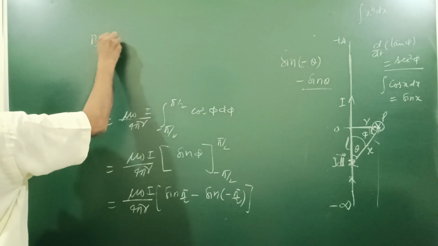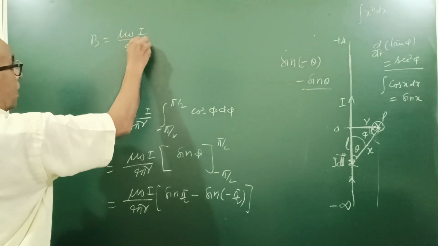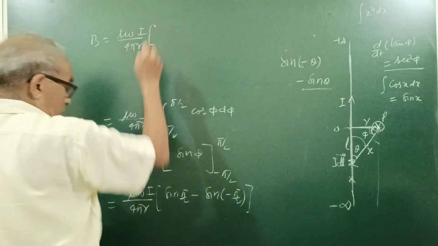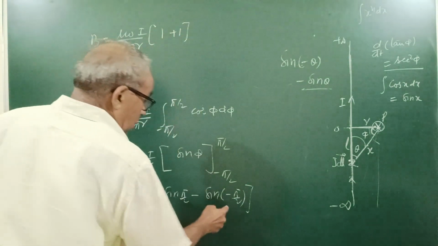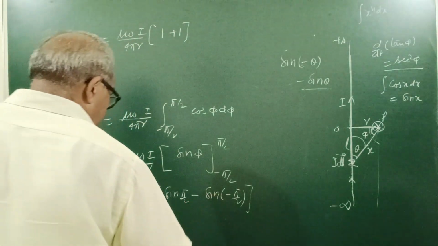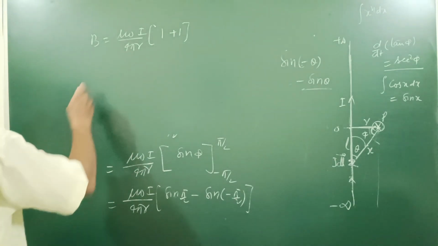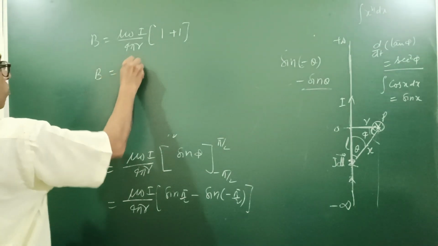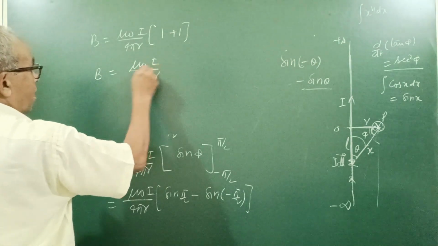B equal to mu 0 I upon 4 pi r और sin pi by 2 1 और प्लस 1. है भाई, sin pi by 2 is sin 90, so this B comes out to be mu 0 I upon 2 pi r.